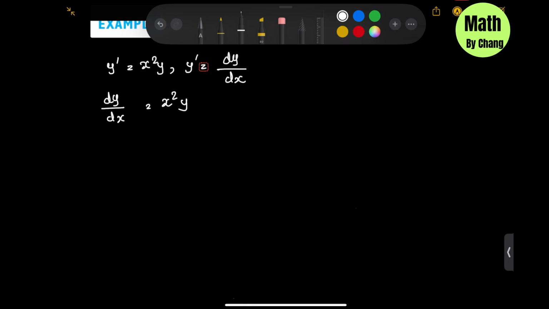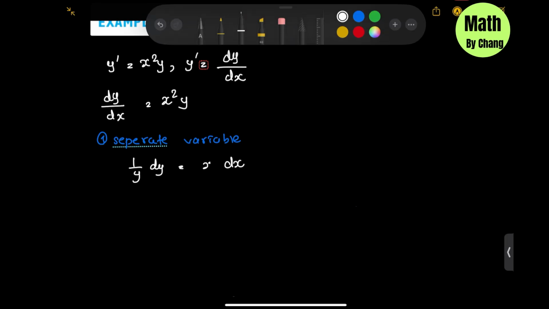Okay, so let's separate the variables. So dy equal to dx, right? So y will come to this side as 1 over y, and x will be here, x squared.